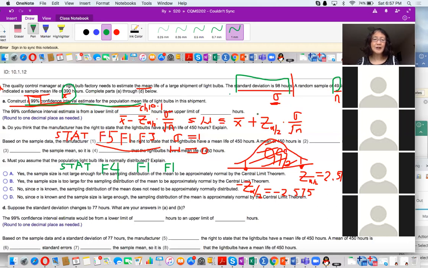So that is the core concept in chapter 10, section 1: confidence interval estimate for population mean when population standard deviation is given. Okay, any questions?